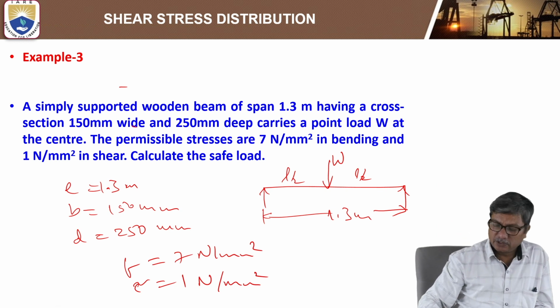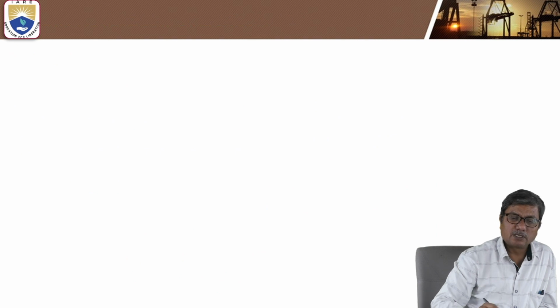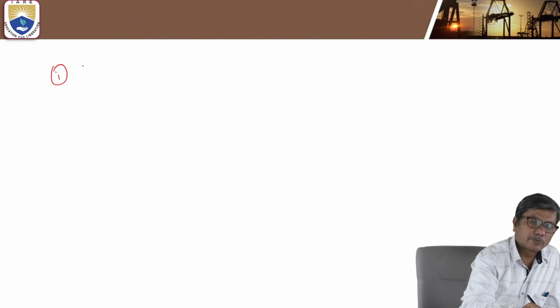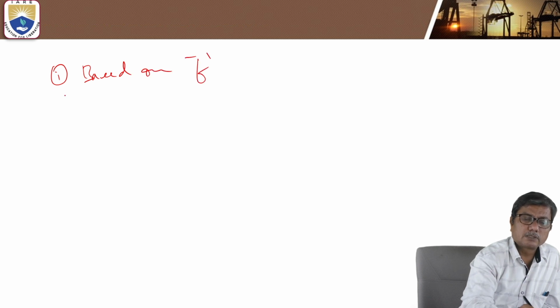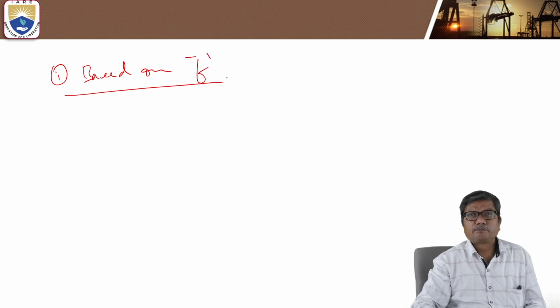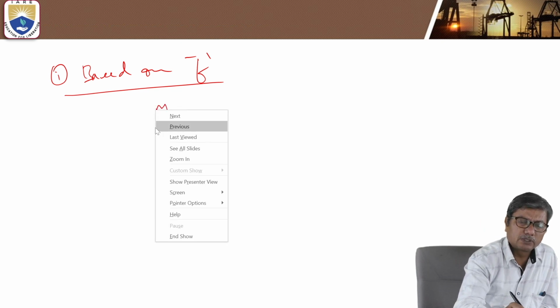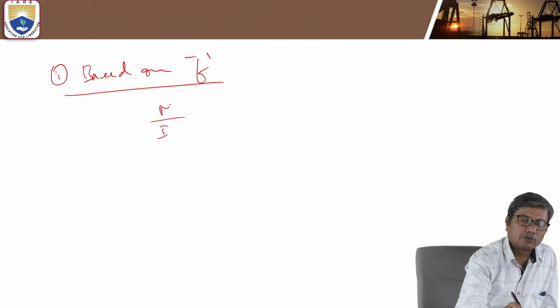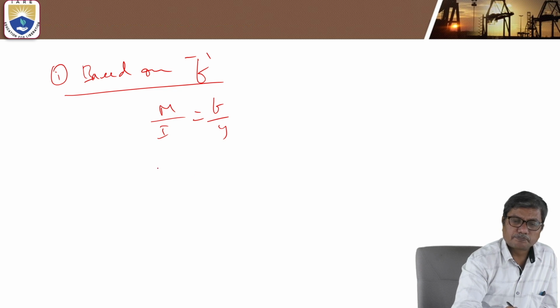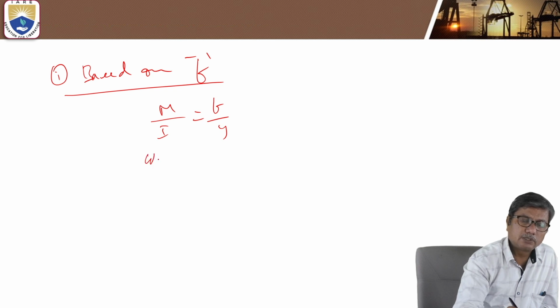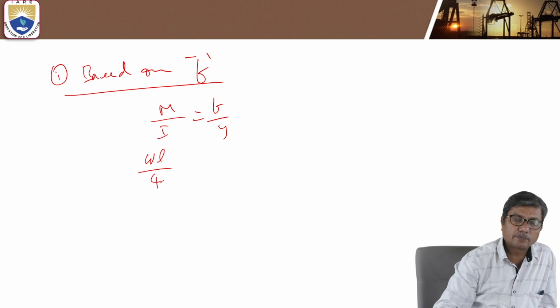Now the safe load W is calculated based on the limiting bending stress F. Now use the expression M by I is equal to F by Y. From this, the maximum bending moment is WL by 4.